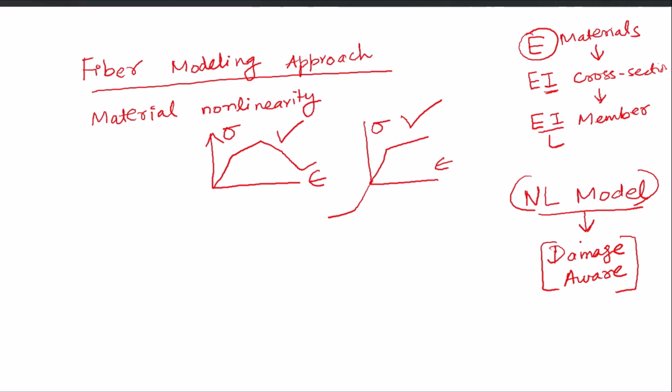So coming back to our discussion, the fiber modeling approach, the basic idea is that let's say we have an element, a beam or a column, or it can be a shear wall also. Let's say this is a column like this, and it can also be a shear wall.